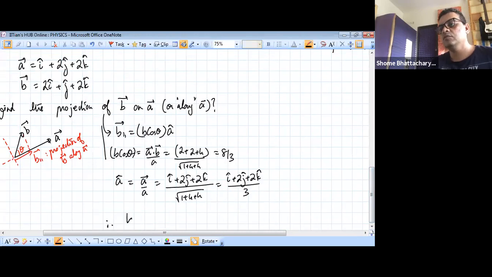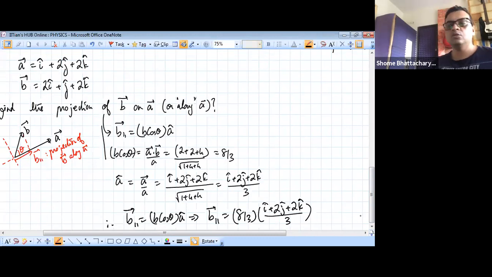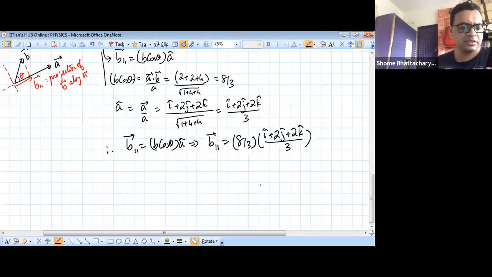So therefore, B parallel, which is B cos theta into A cap, becomes B cos theta, which is 8 by 3 into this whole thing, I cap plus 2j cap plus 2k cap, the whole thing divided by 3. So here, depending on how the answer is given, we can take either the 8 by 3 inside the bracket or we can take the 1 by 3 outside.